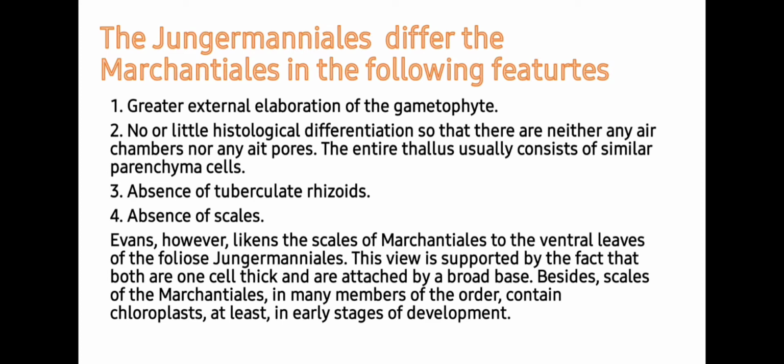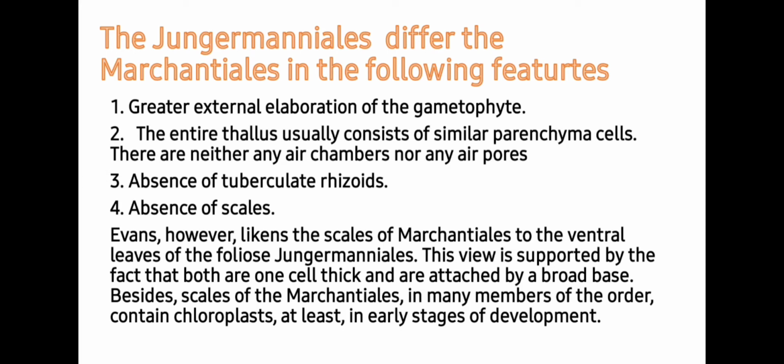However, the Jungermanniales differ from the Marchantiales in following features. Greater external elaboration of the gametophyte. In Jungermanniales, we can see that gametophyte is more elaborated and it approaches the leaf-like form. The entire thallus usually consists of similar parenchyma cells.